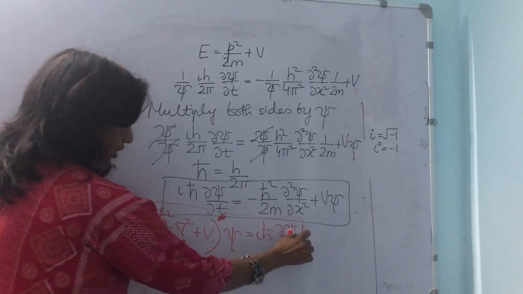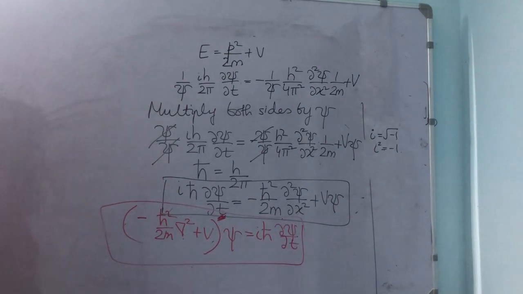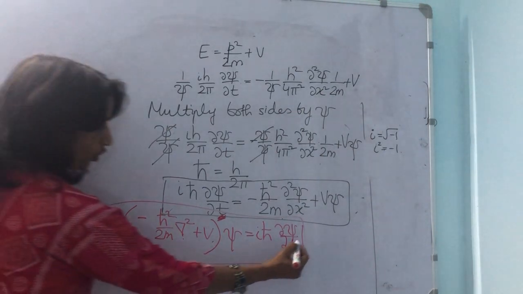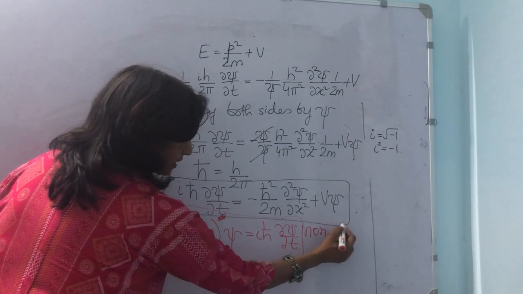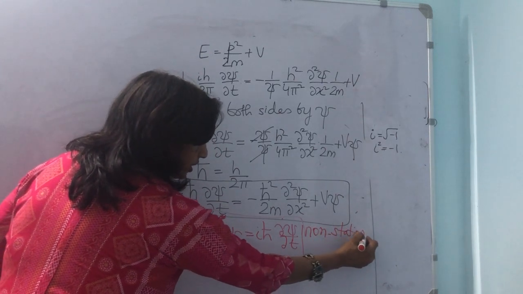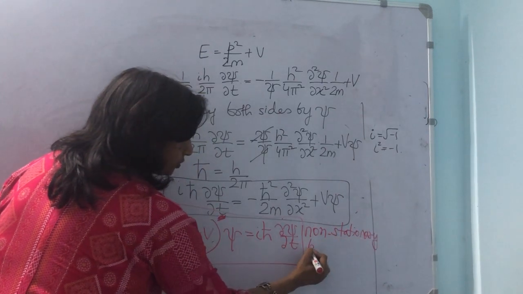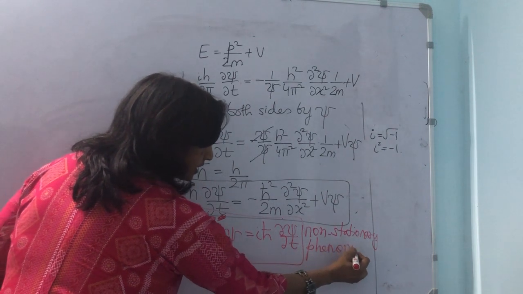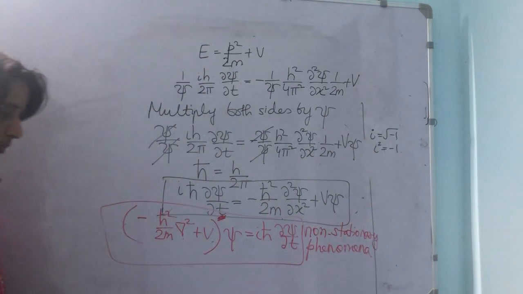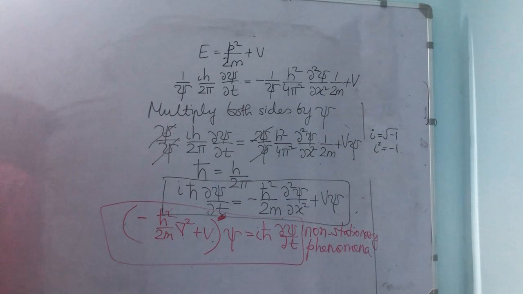This is the Schrodinger time dependent wave equation. It is used to explain non-stationary phenomena, such as electronic transition between two states of atoms, etc.